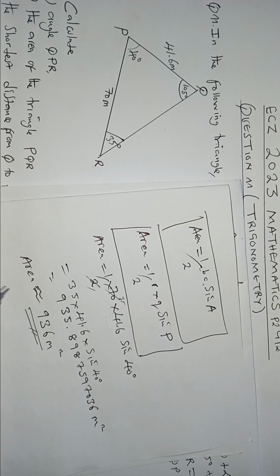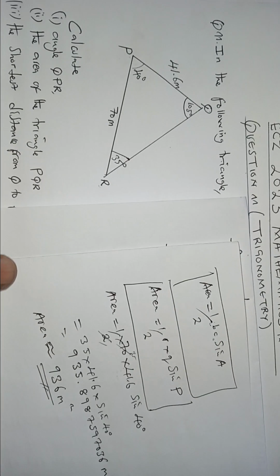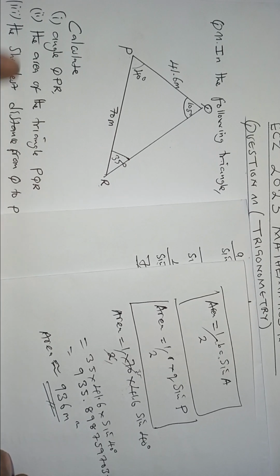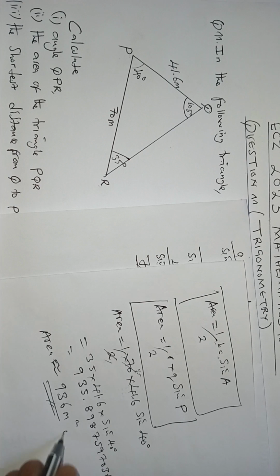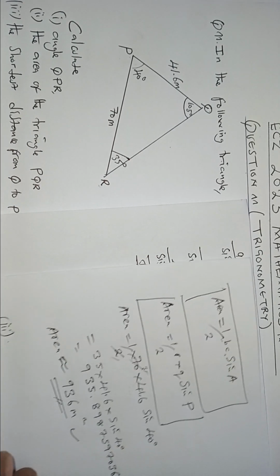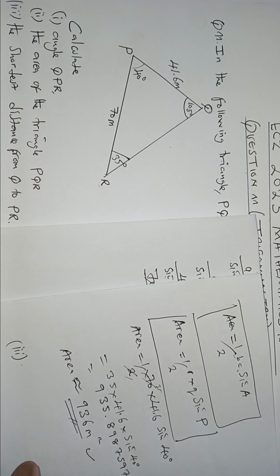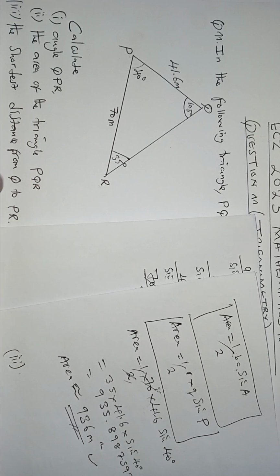So this is for the second part of our question, which was asking us to calculate the area of triangle PQR. Okay, we move to the third part, which is asking us to calculate the shortest distance. So shortest distance from Q to PR.